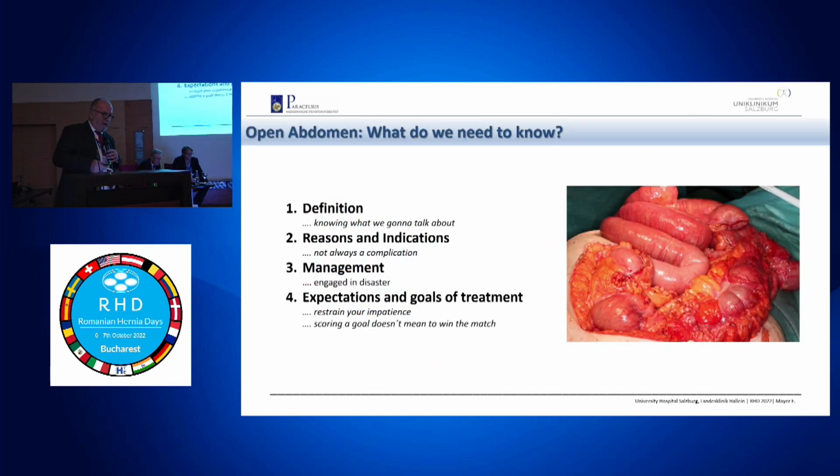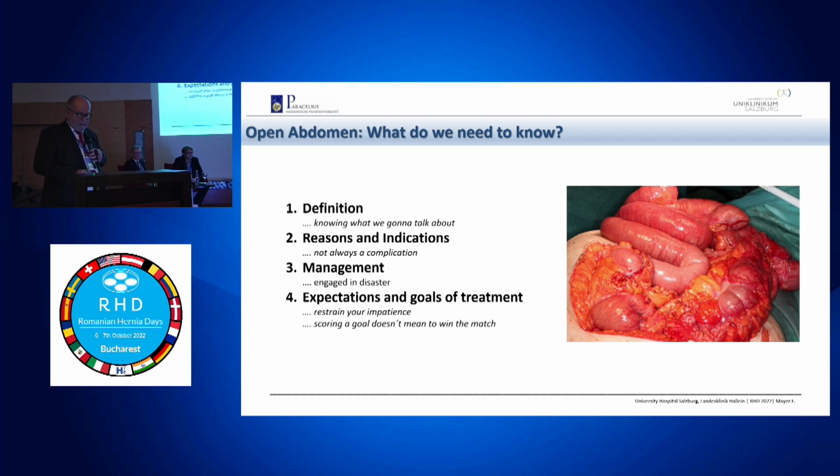In surgery, we have to have a plan before we do something. And in this talk, I want to lead you to some aspects of this topic. I want to start with definition, then reasons and indication for an open abdomen treatment, then management of the disease or the disaster in some cases, and finally, leading to some kind of expectations or goal of treatment.